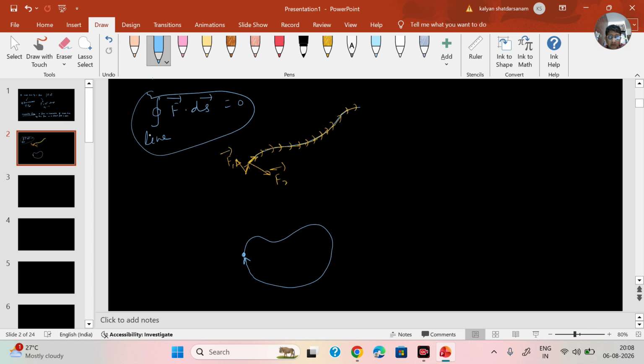Or you can also say work done by a force is path independent. That is also a conservative force. I told you last time that I will prove that both these statements are interdependent. If you accept one, you can prove the other.